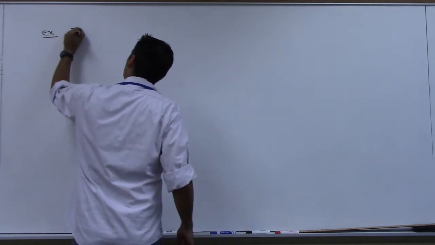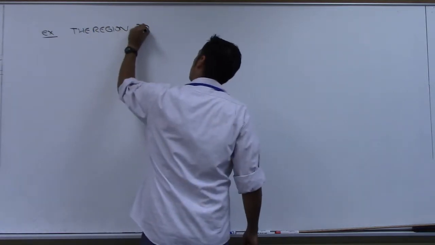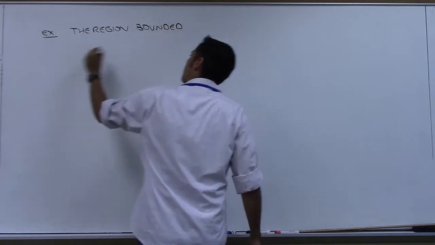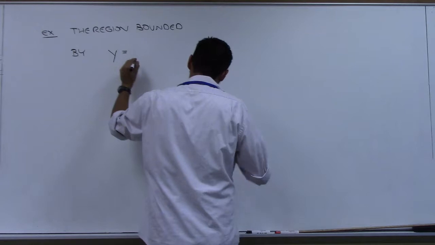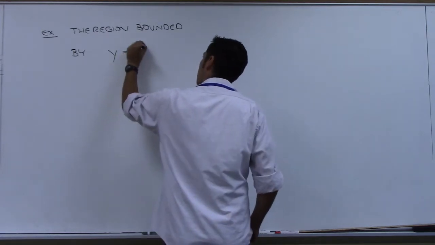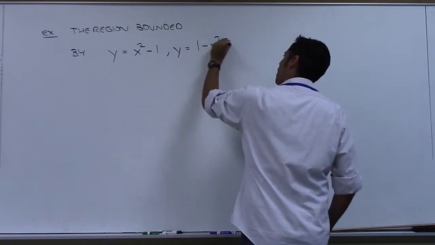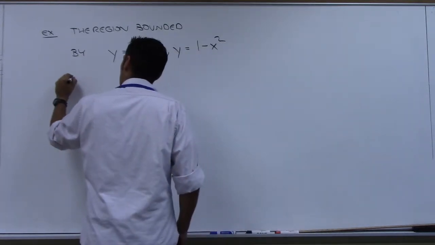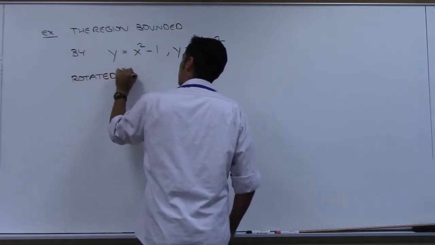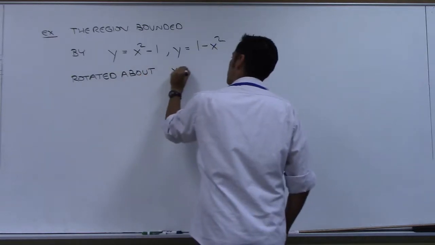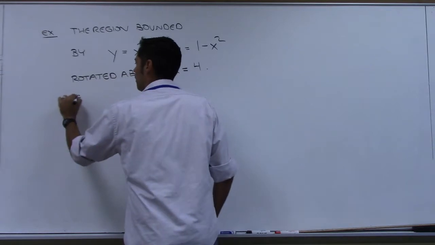The region bounded by y equals x squared minus 1, y equals 1 minus x squared, rotated about x equals 4. Find the volume.